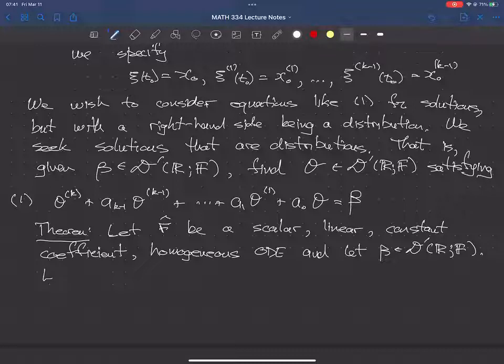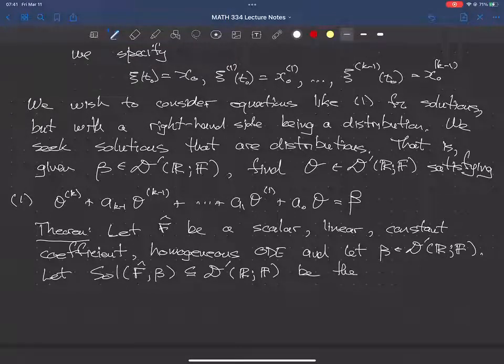Let the solution set of F hat and beta be all those distributions that satisfy equation 1.